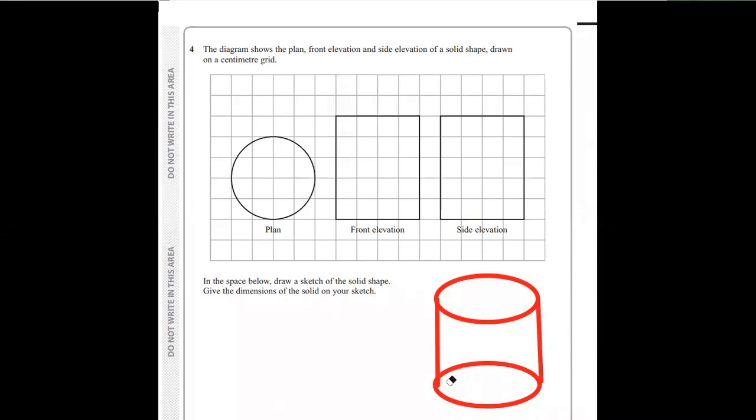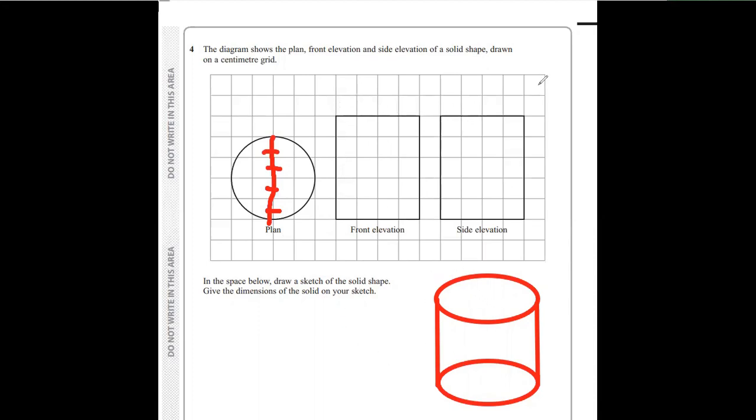Right, so it says, give its dimensions as well. I can see that the diameter of this should be 1, 2, 3, 4, and even this way you can see it's 4.